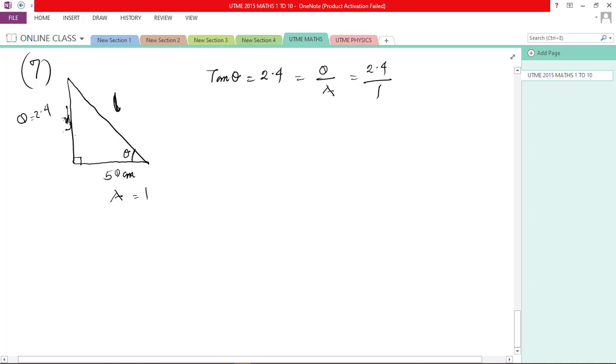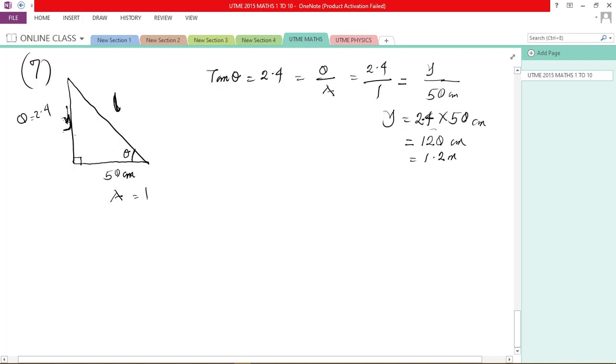But from what we see here, if here is Y, Y corresponds to opposite and 50 centimeter corresponds to adjacent. Cross multiply here. Y equals 2.4 times 50. If you multiply very well, it will give you 120 centimeter, which is the same thing as 1.2 meters.